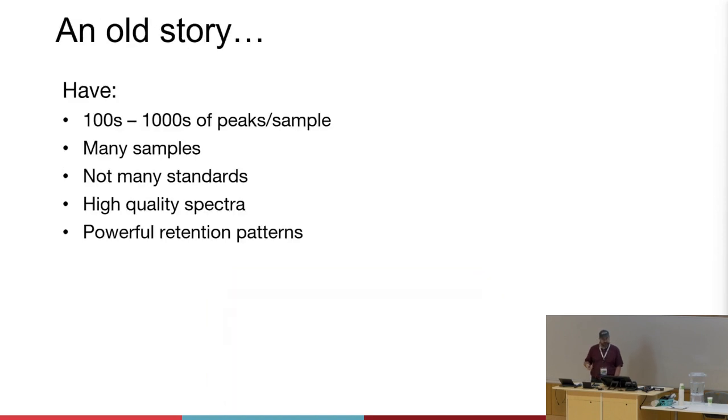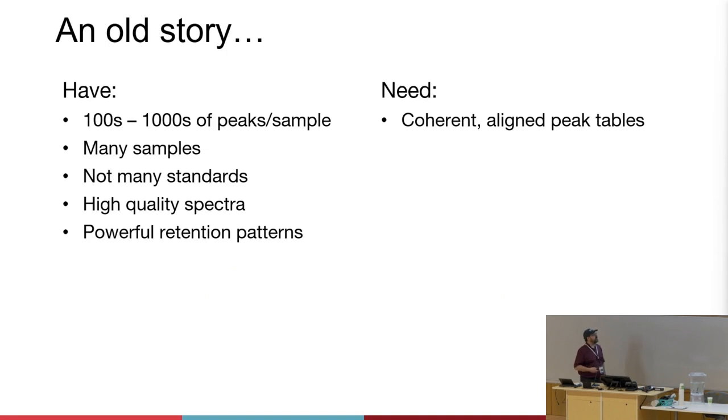One of the things we really need is a coherent and aligned peak table, or feature list of the things we have in this. And we also want really nice, consistent peak identification.